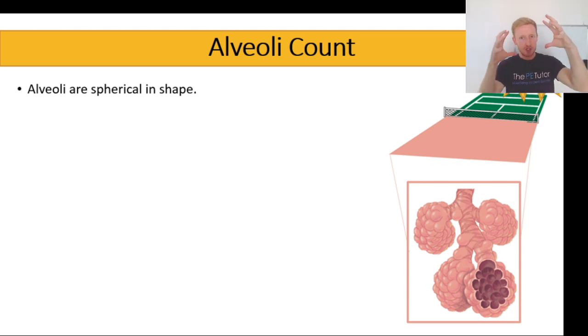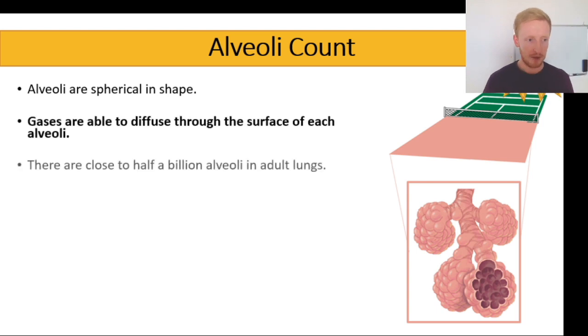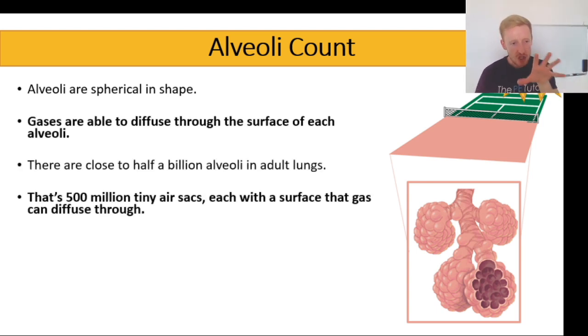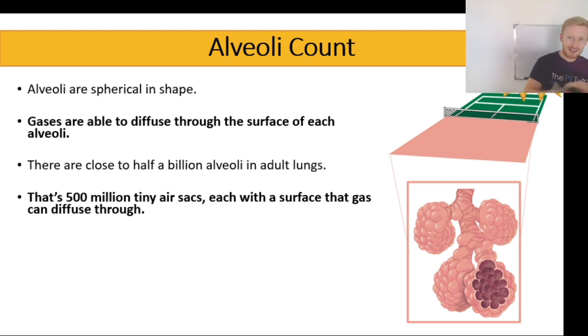Well, if we were to reduce the size of that big balloon and divide it up into lots and lots of tiny ones, that's what's happening with our alveoli. So they're tiny, they're spherical, and in doing that, we've got this huge surface area. Going back to this window idea, that is surface area that we can pass things through.